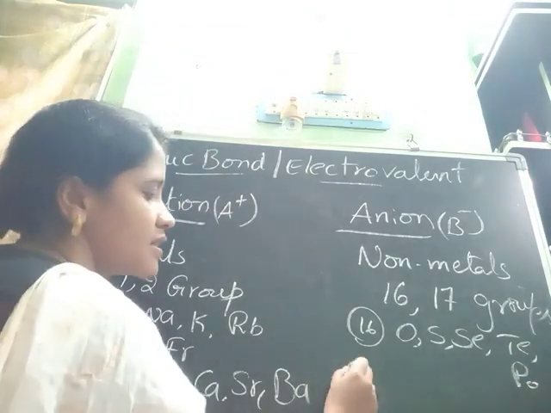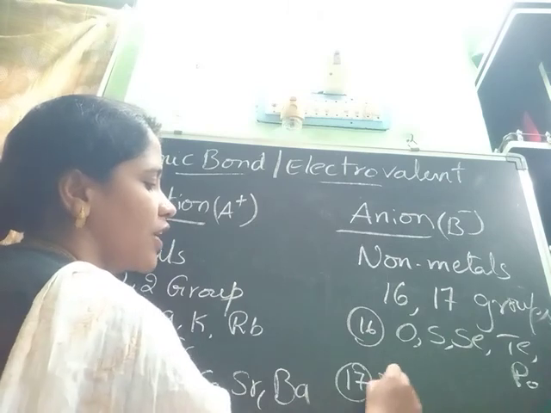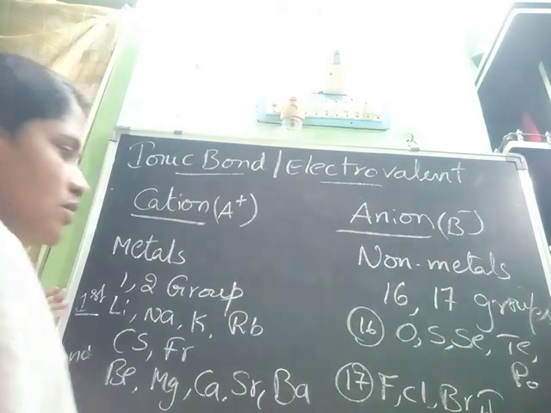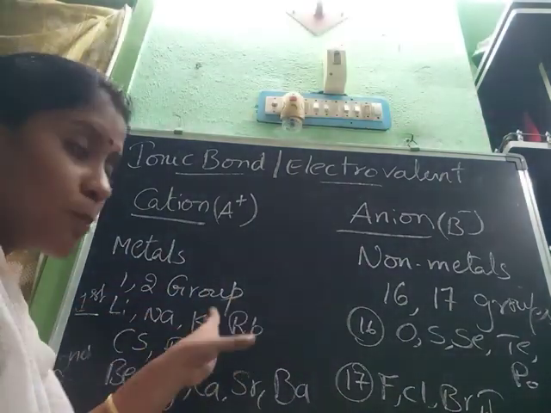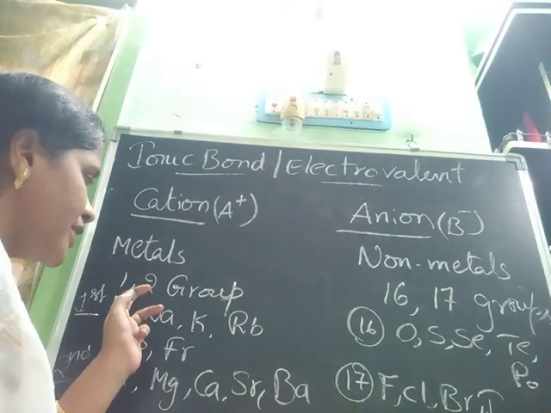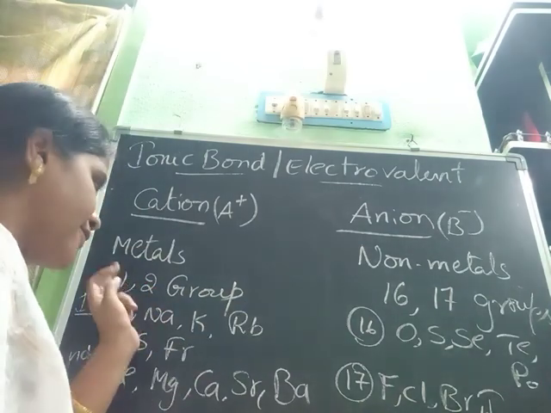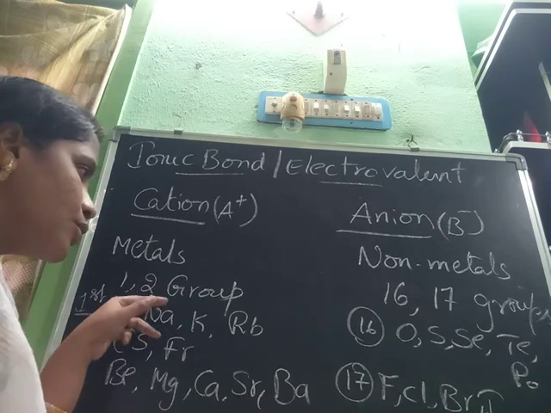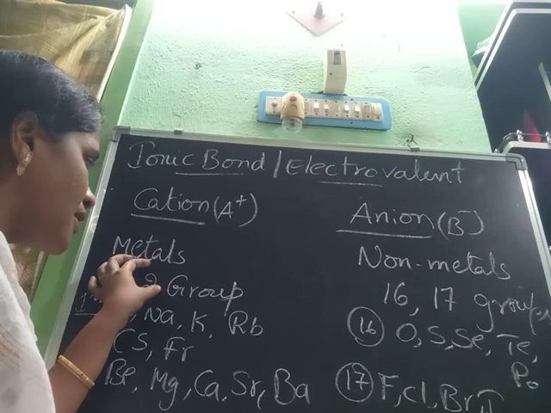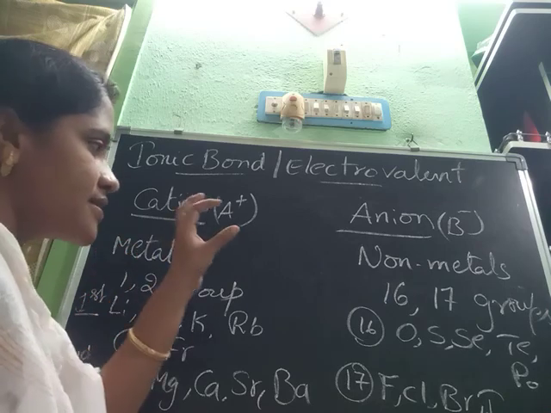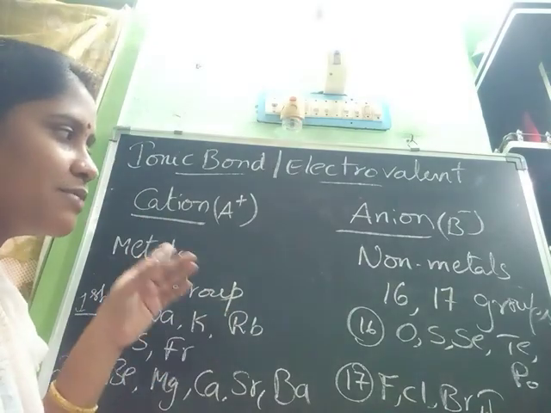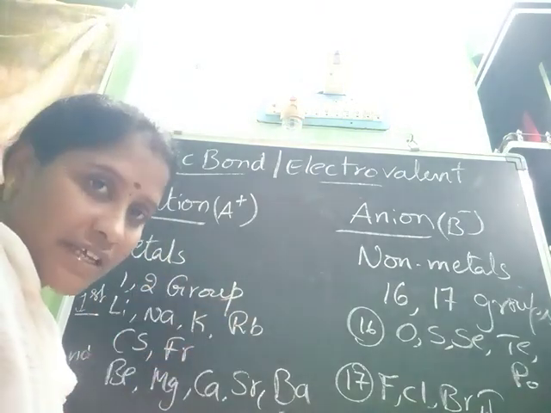The 17th group: fluorine, chlorine, bromine, iodine. Mostly ionic bonds form between groups 1 and 16, 1 and 17, 2 and 16, or 2 and 17. Groups 1 and 2 are metals and groups 16 and 17 are non-metals. Ionic bond is formed between metals and non-metals.